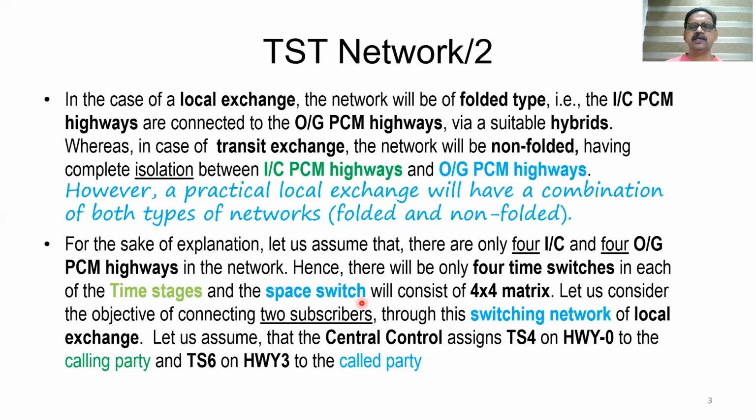And the space switch will consist of a 4 by 4 matrix. So incoming trunks are 4, outgoing trunks are 4, and the stage will consist of a 4 by 4 matrix. A 4 by 4 matrix means it will interconnect 4 highways to another 4 highways.